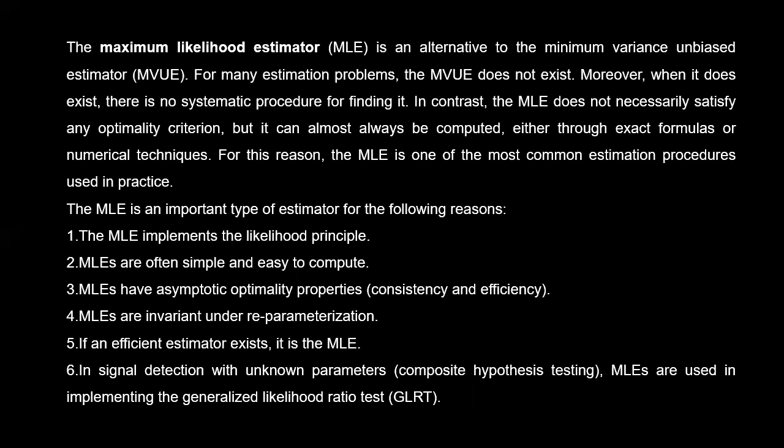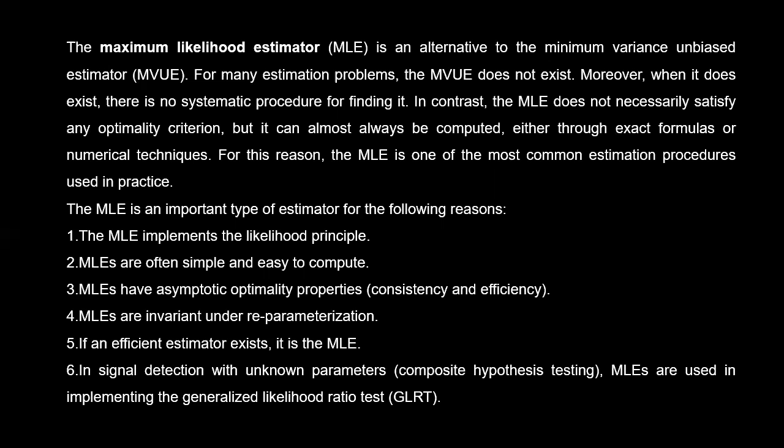In contrast, the maximum likelihood estimator does not necessarily satisfy any optimality criterion, but it can almost always be computed, either through exact formulations or numerical techniques. For this reason, the maximum likelihood estimator is one of the most common estimation procedures used in practice.